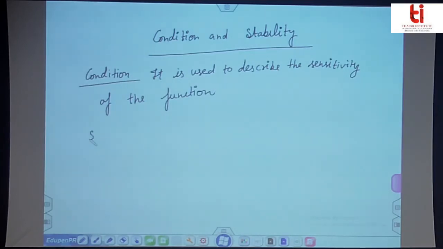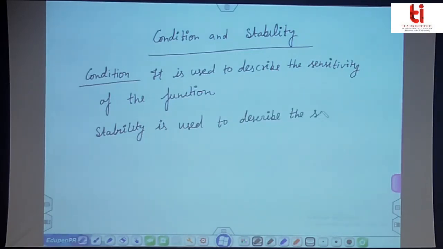Stability is used to describe the sensitivity of the process.